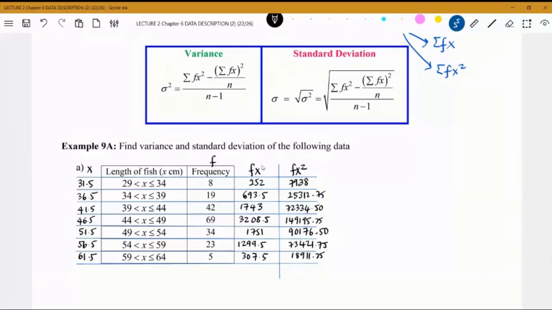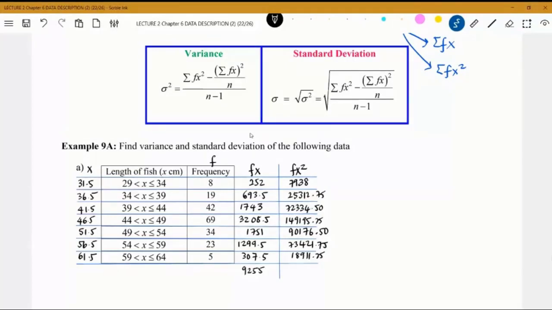To find the sum for the column fx and column fx square. What should we get for the fx? Nine two five five. 9255.